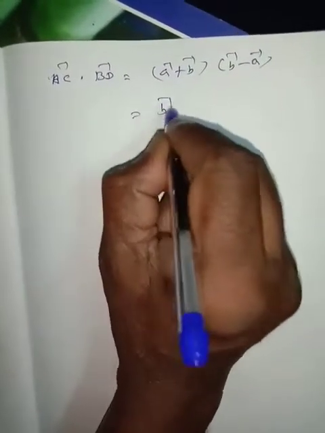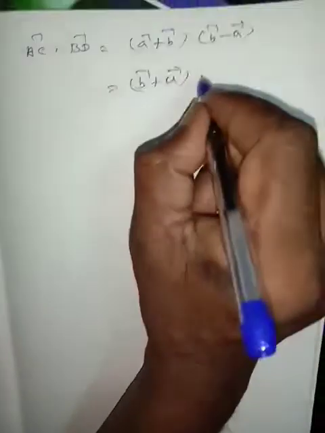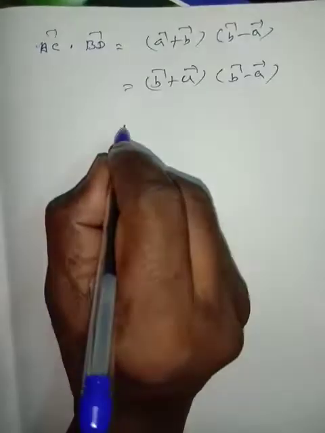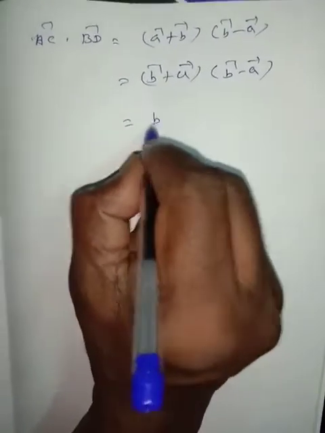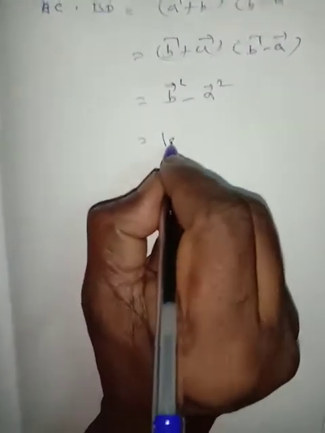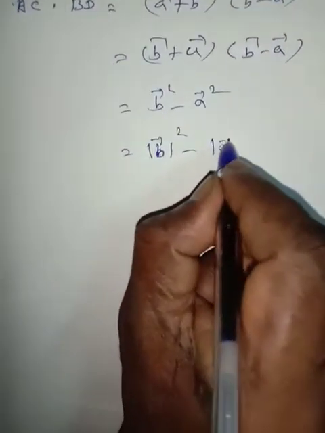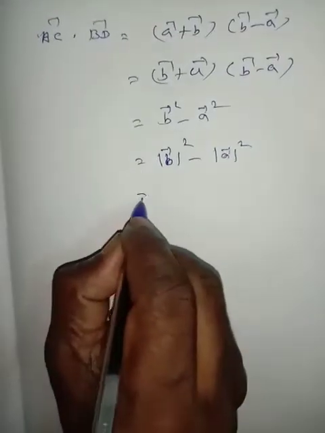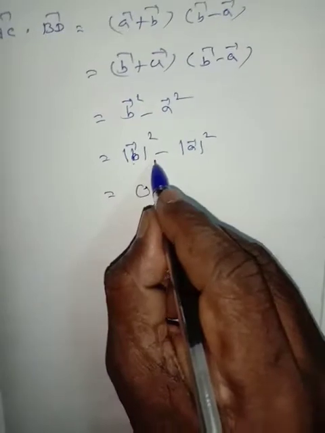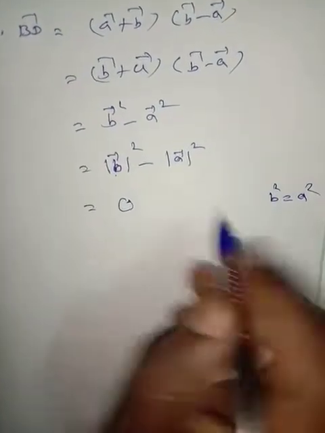This means b vector plus a vector into b vector minus a vector. Therefore, b vector whole square minus a vector whole square. This means magnitude of b vector whole square minus magnitude of a vector whole square. This means 0. Why? Magnitude of b vector is b square is equal to a square. Therefore, 0.